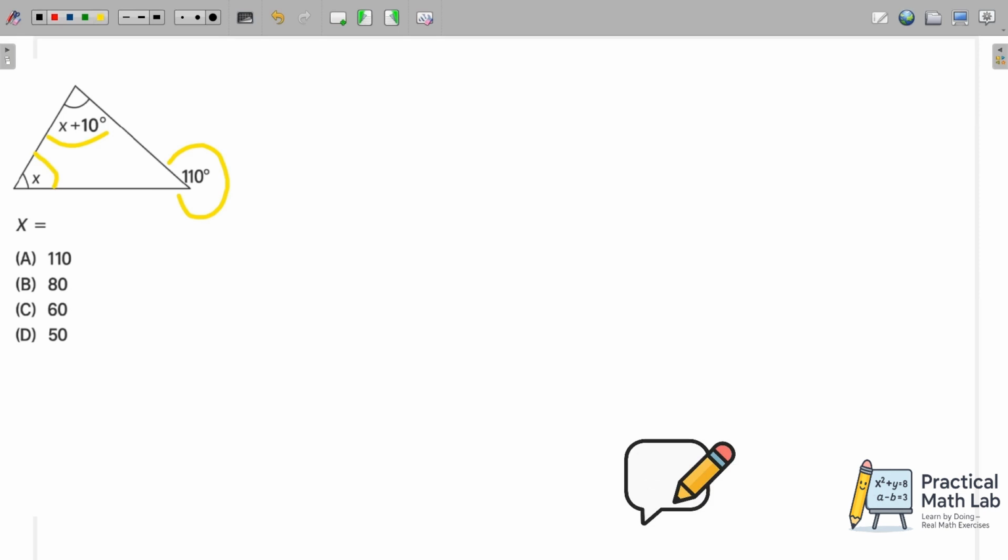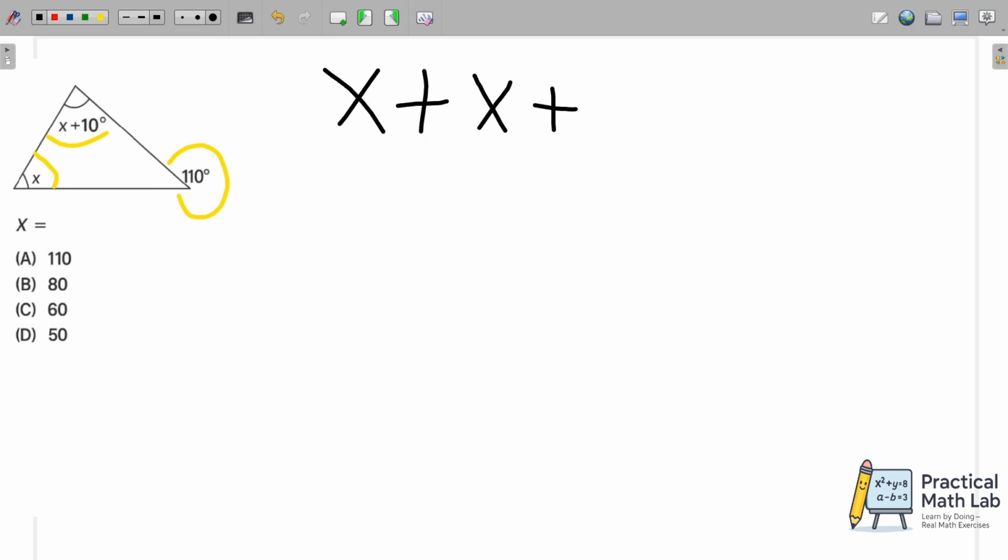So, the non-adjacent interior angles are x plus 10, which equals the exterior angle. That's the exterior angle theorem.